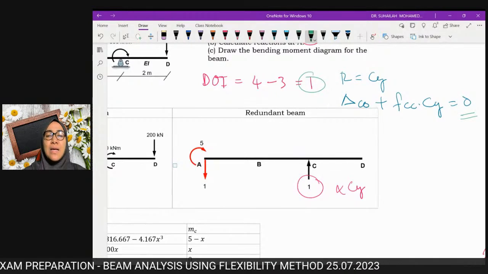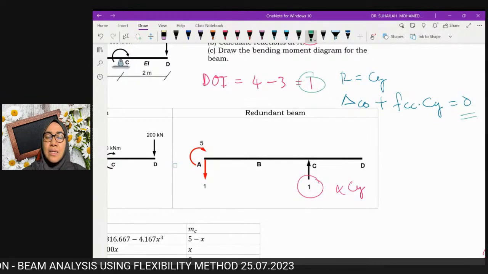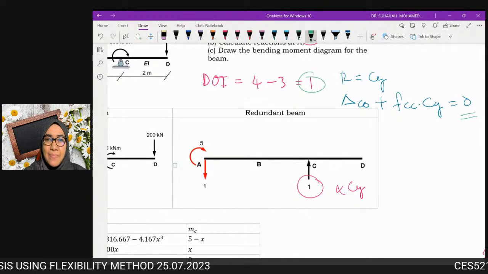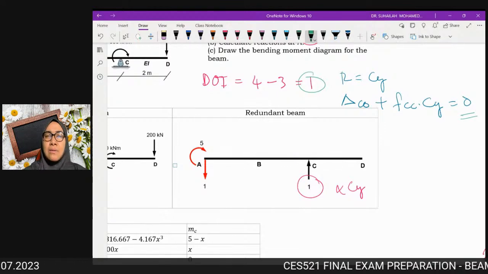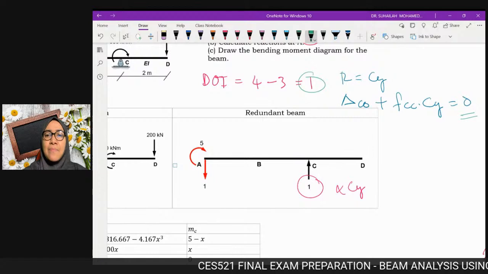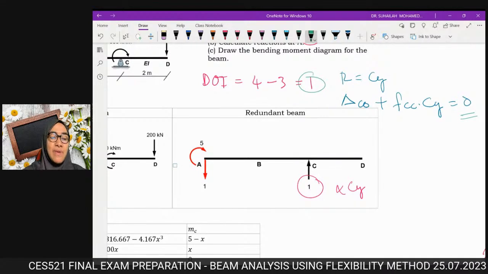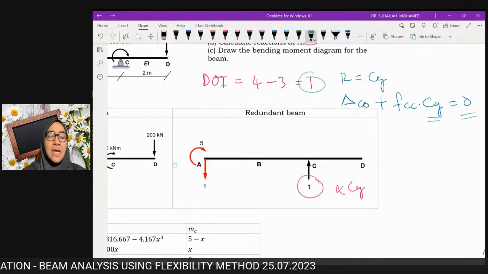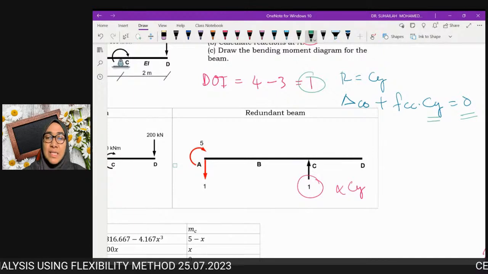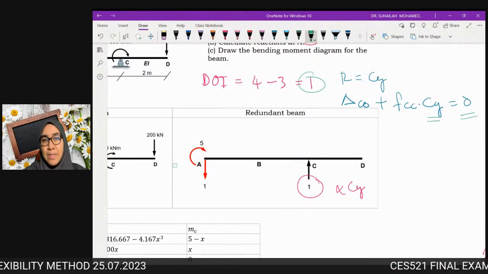So delta C naught is the deflection at C for the primary beam, and FCC is the deflection at C for the redundant beam due to a unit value of Cy. That is why we get: delta C naught plus FCC times Cy is equal to 0.